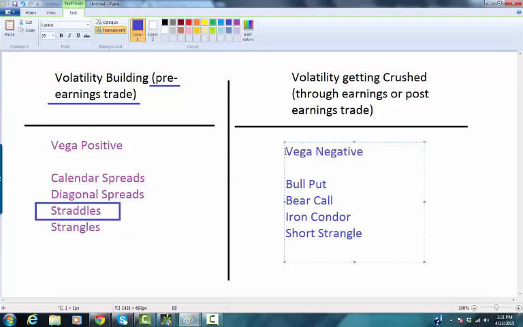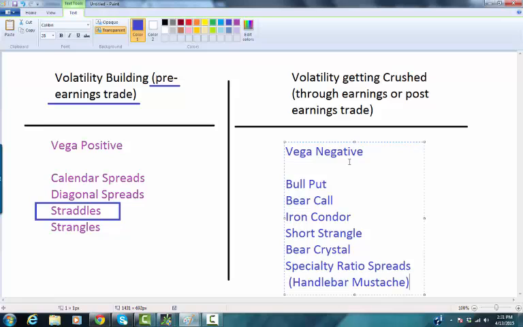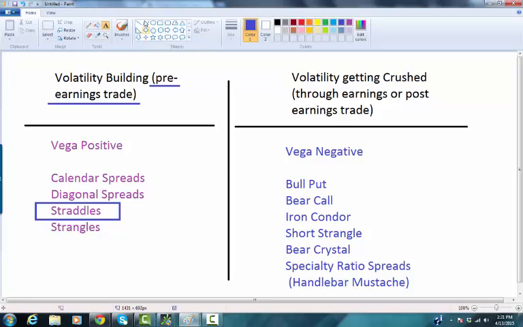Also, outside of short strangle, you've got like a bear crystal, things like that, or what I would call also specialty ratio spreads. Like I talked a little bit about a handlebar mustache trade last earnings season, which I personally really, really like. But these are Vega negative trades.